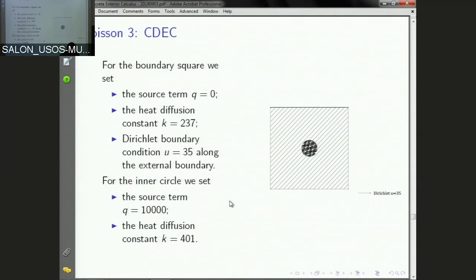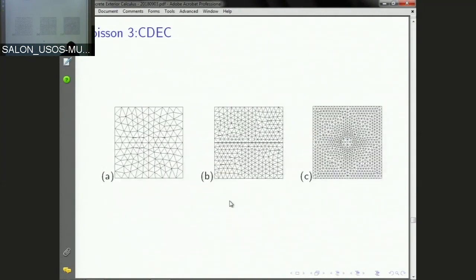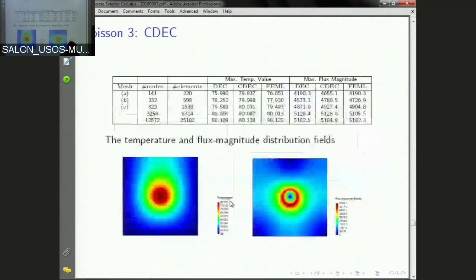So we set the three methods to work in some meshes, and this is what we get. And again, we see that CDEC, not so much DEC, but CDEC is doing quite well, the one here in the middle. Okay, so that's quite encouraging. It is fulfilling its promise. Not the original DEC, but a variation of it.